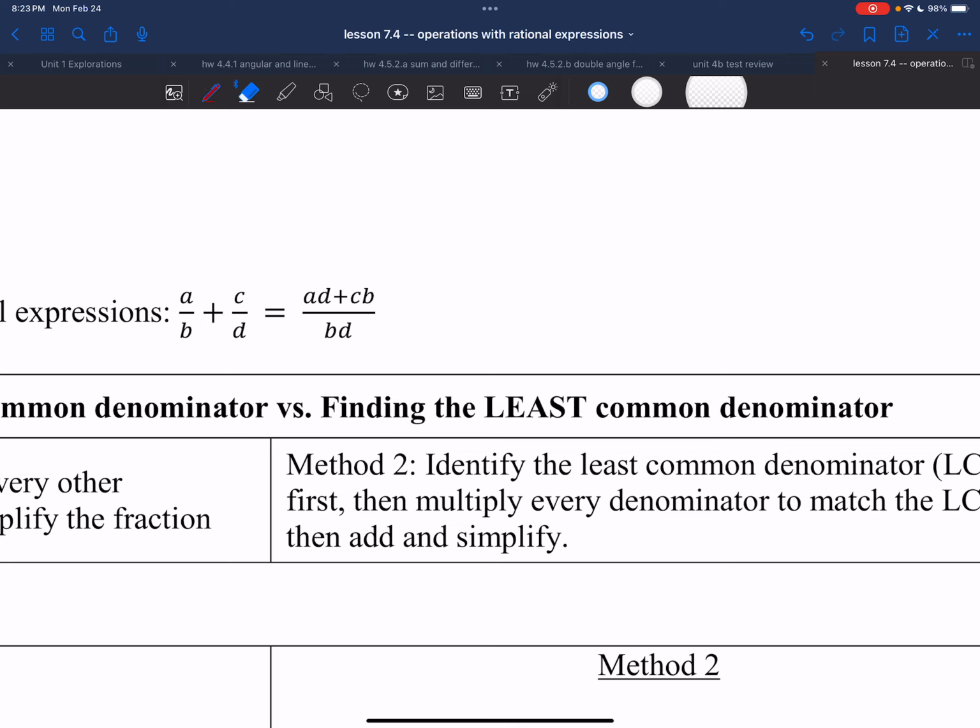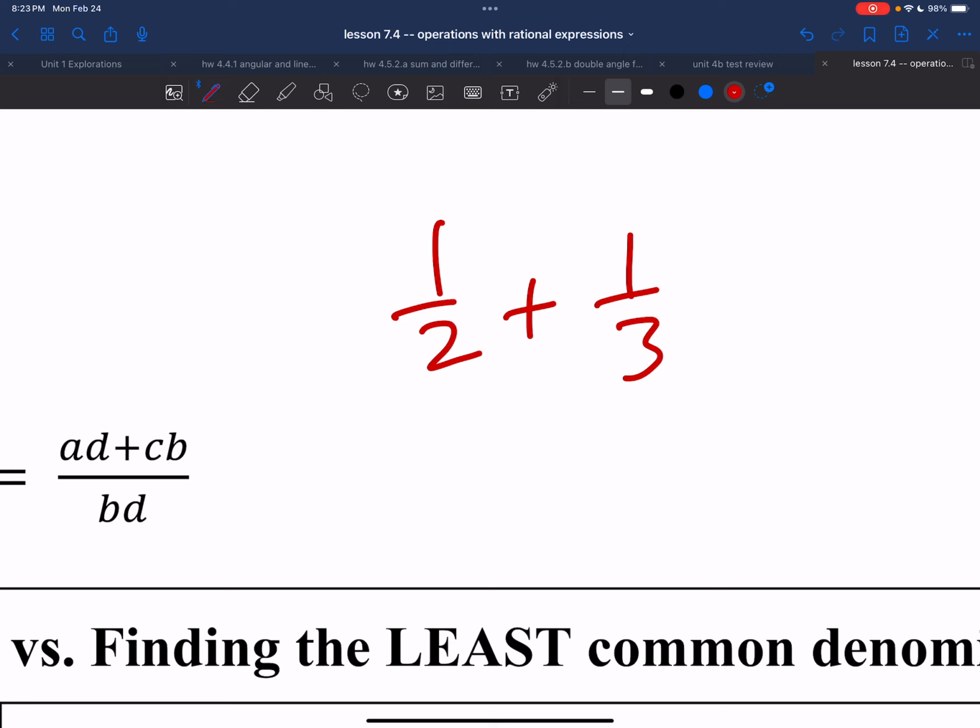And one way you do that is just multiplying by the other denominator. If this was 1 over 2 and that's 1 over 3, then on the 1/2, the other denominator is 3, so you multiply this fraction by 3 over 3. And on the 1/3, the other denominator is 2, so you do 2 over 2.